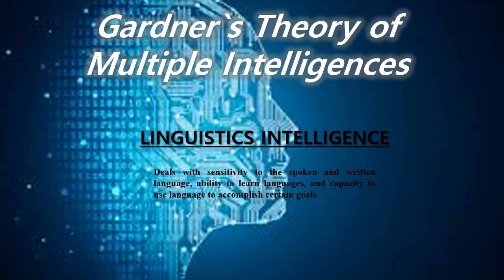People who have this intelligence are like William Shakespeare and Oprah Winfrey, who have an ability to analyze information and create products involving oral and written language such as speeches, books, and memos.